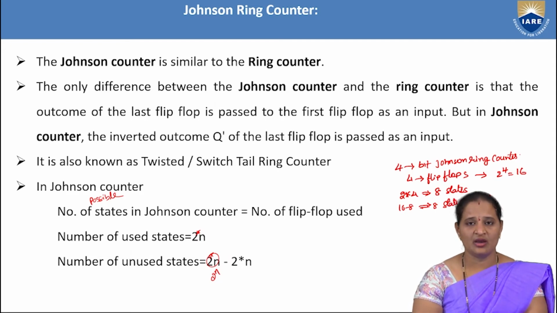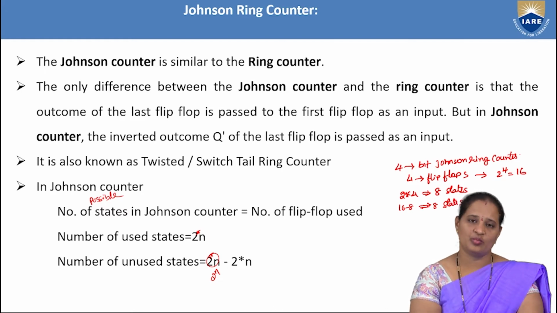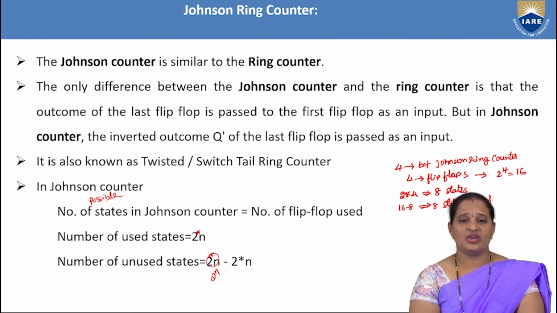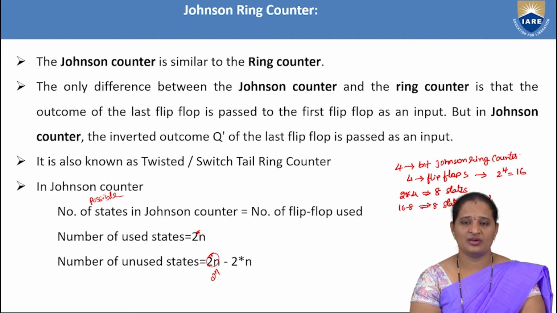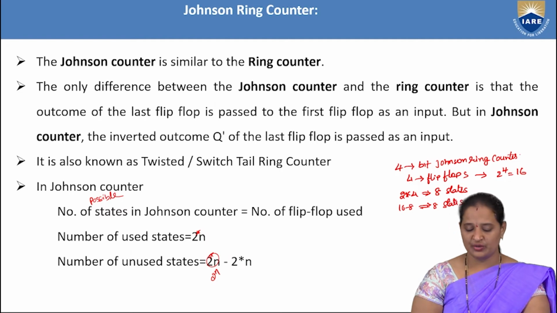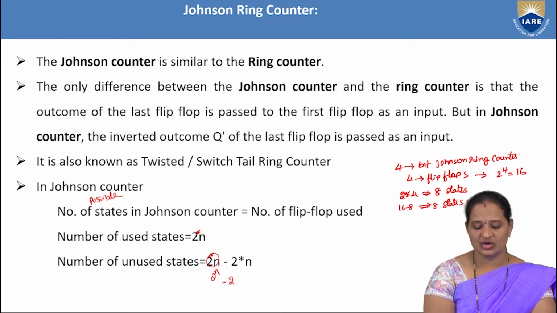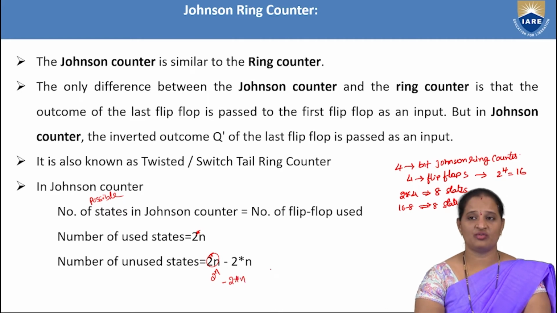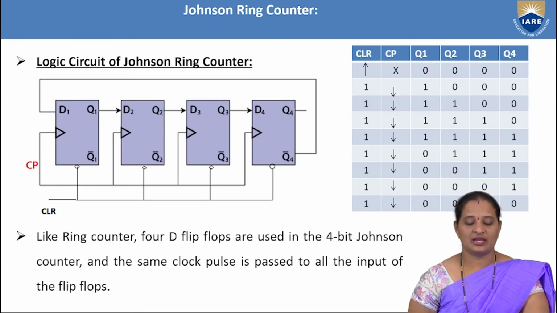So the possible number of states with a Johnson counter is 2 power n, of which we can utilize only 2 into n states, and the unused states are given by 2 power n minus 2 into n. If it is a 4-bit counter, 8 states are utilized and 8 states are unutilized.